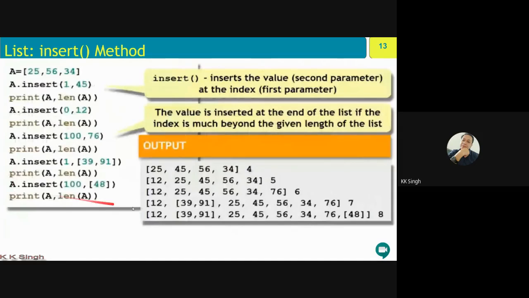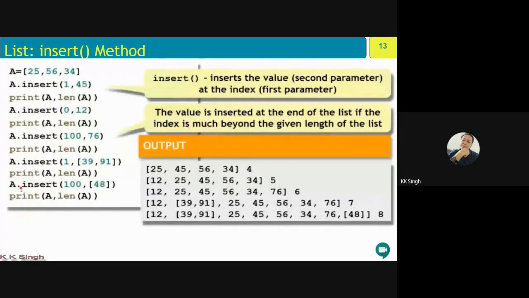So 12 is at 0, and this list of 39 and 91 is at index number 1. So this way elements can be inserted. So the number of elements will be 7, because we have inserted only one element here, that is the list. So the number of elements in this list would be 7.